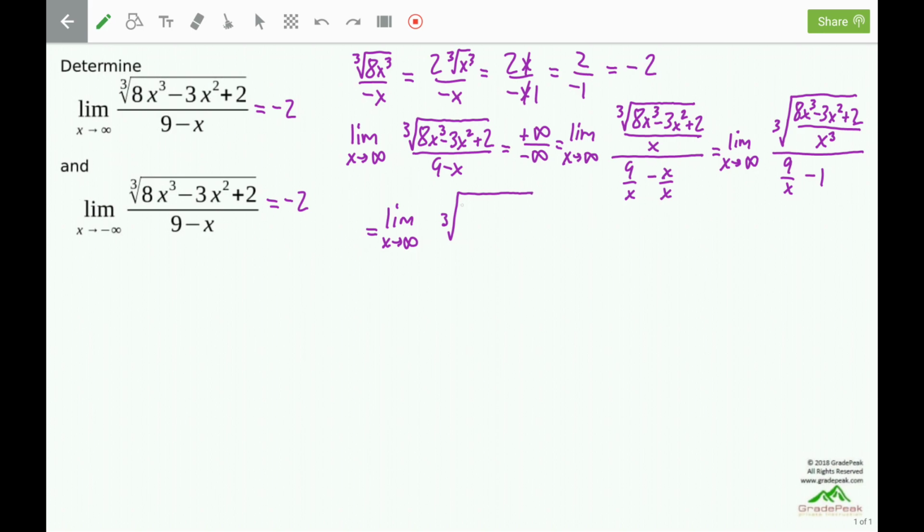In the numerator, each term can be written over x cubed, and we will leave the denominator alone.